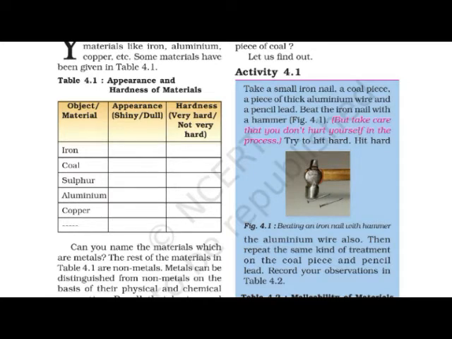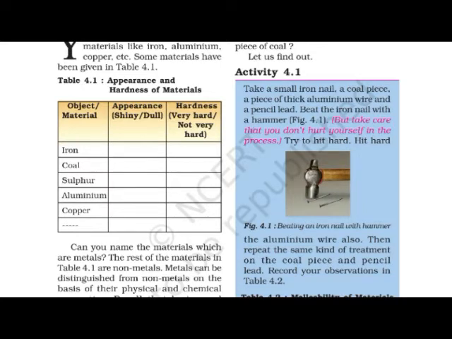Can you name the materials which are metals? In the list that they have given in table 4.1, there are so many materials. So can you name some materials which are metals? Yes, think about it. Whatever you named, they are the metals, and the rest of the materials in table 4.1 are non-metals.